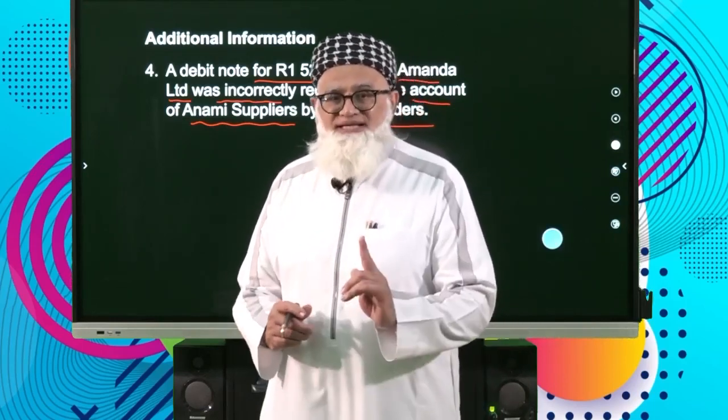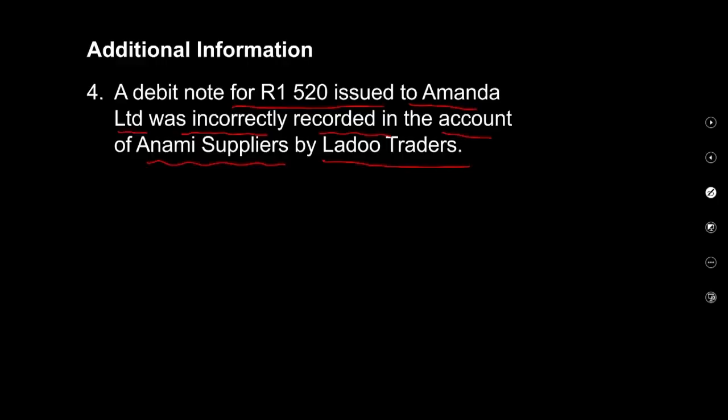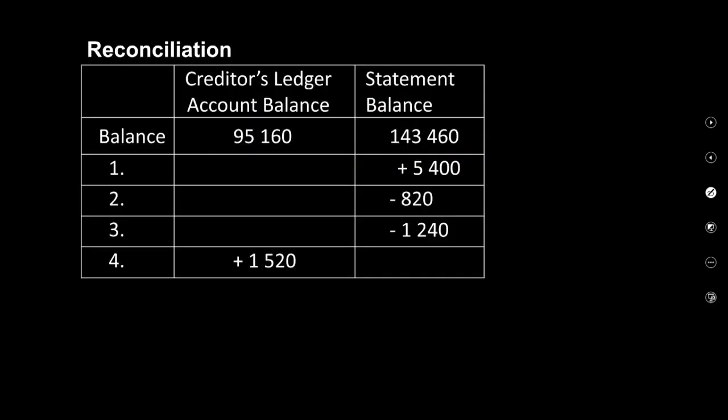We have. What have we done? Let's look at it again. A debit note, right, issued to Amanda Limited was incorrectly recorded in the account of Anami Suppliers by Laddu Traders. So clearly you can see that we have made an error, right?